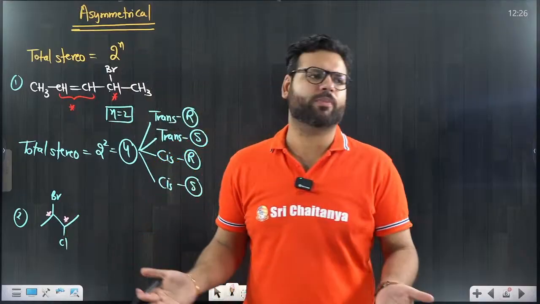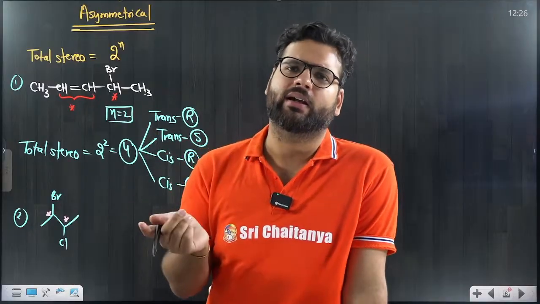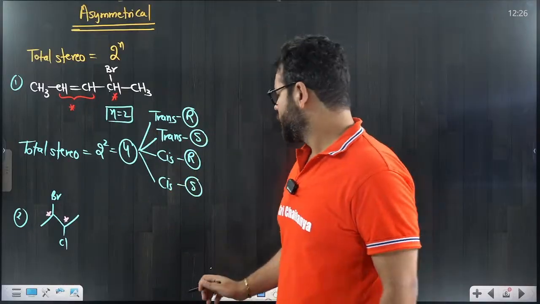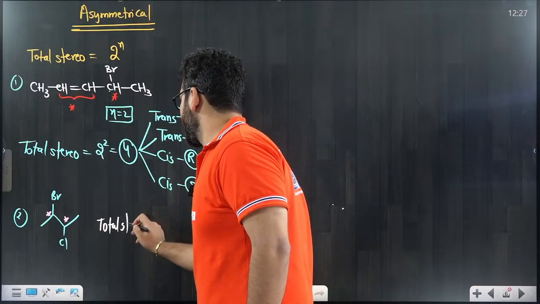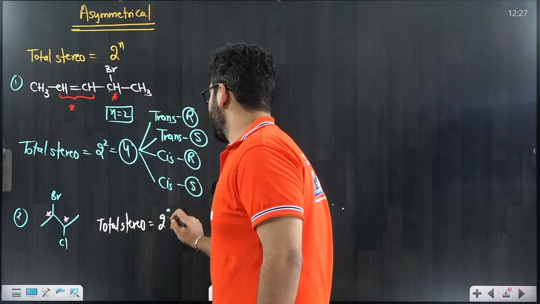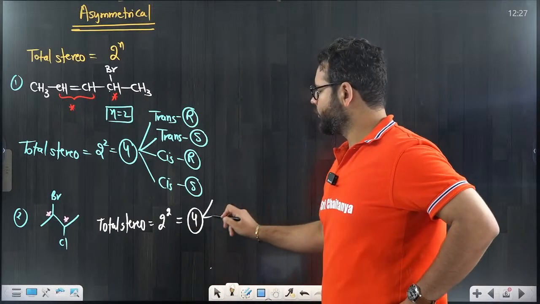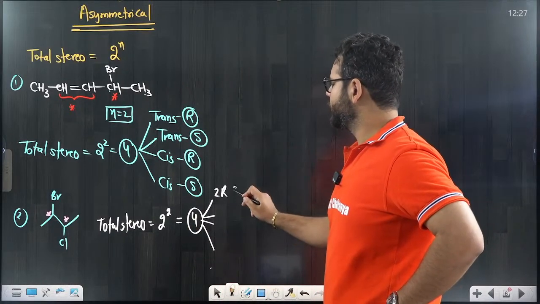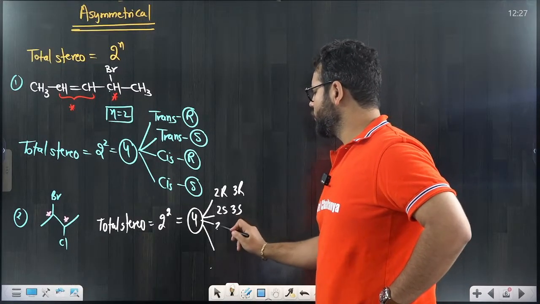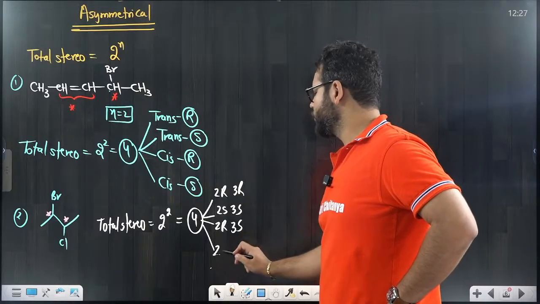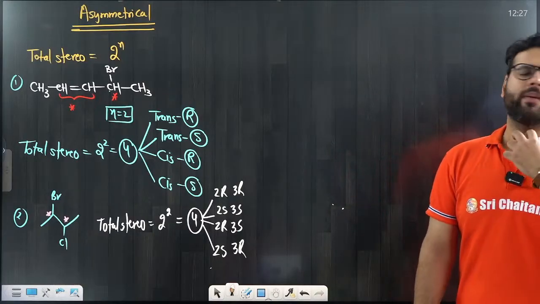So cis-trans is not possible here. The possibilities are RR, RS, SR, SS. Four options will come, so here also total stereoisomers will be 2 to the power 2, which is 4. Those 4 are 2R,3R; put a mirror, 2S,3S; 2R,3S; put a mirror, 2S,3R.